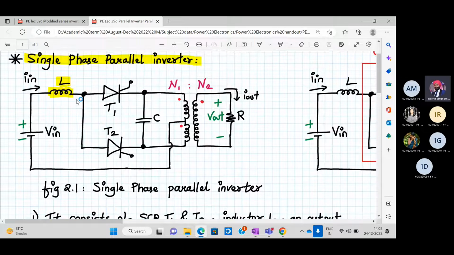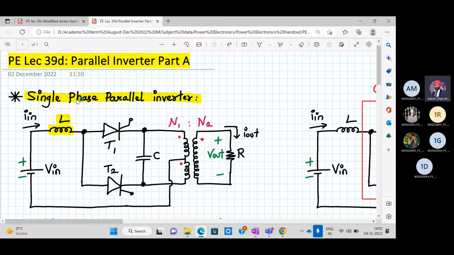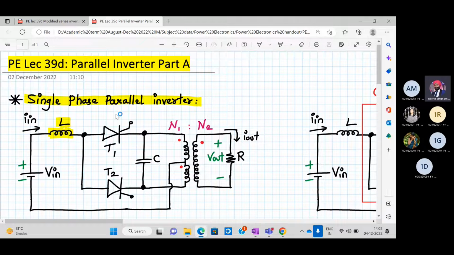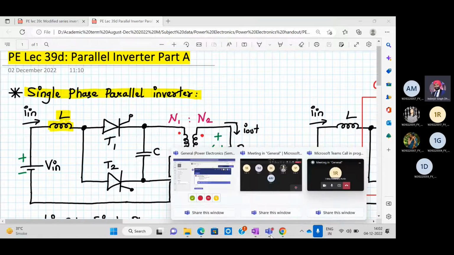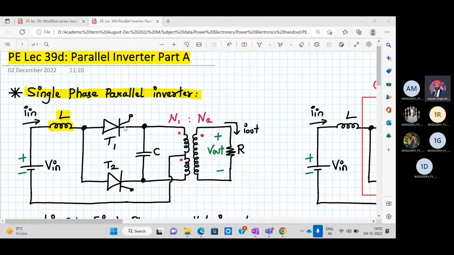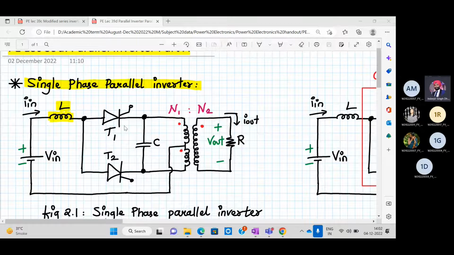Now focus all your attention on the parallel inverter because it's again a very important topic. Everyone, just 10-15 minutes more and then we are done for today's topics. We will be discussing the single phase parallel inverter.